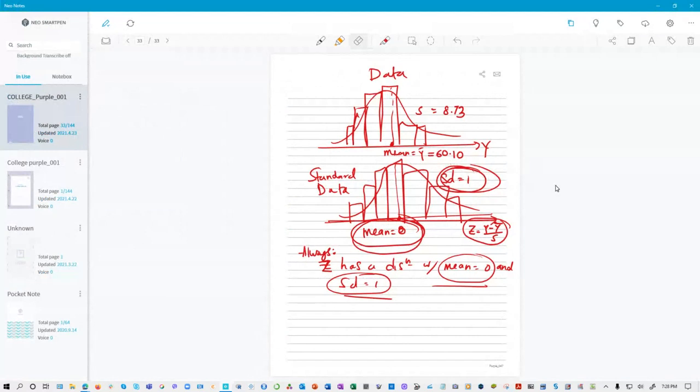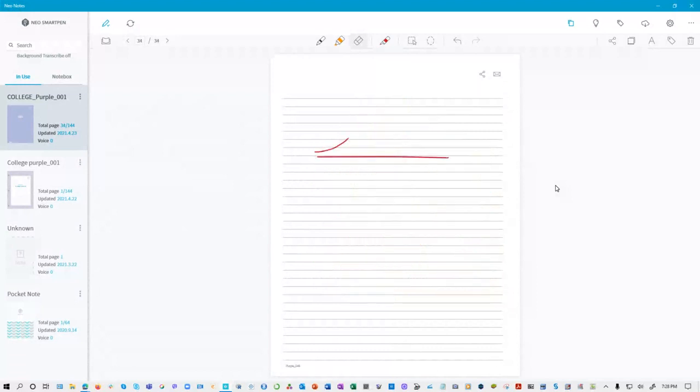So the y bar, that means that if I'm going to throw this one really on this side, let's say that my convenience, I'm going to get this one, okay? At the center, you have a mean of 60.1, standard deviation, which is S, that one is going to be 8 point something, okay?